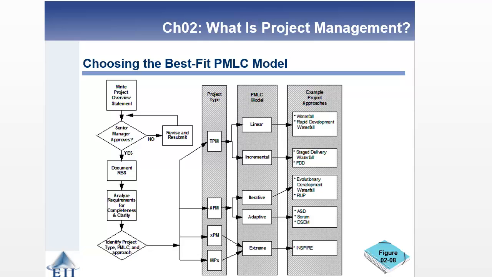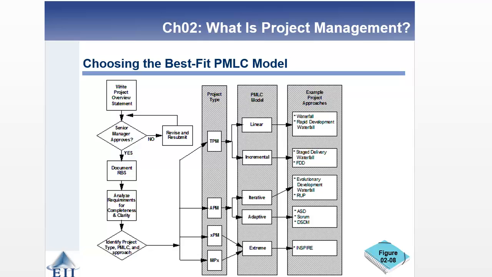For iterative, two different approaches again: an evolutionary development waterfall and a rational unified process are your two options there. Get into adaptive. You're going to have three possible approaches. Scrum, of course, is the one that gets a lot of news these days, but there are two other approaches to doing adaptive. And then finally, when you get to extreme, there's just one approach that you can possibly use.